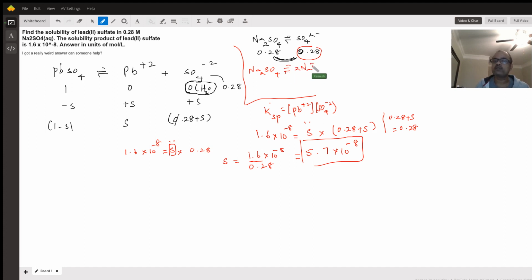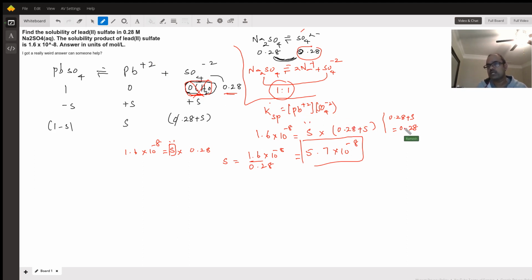Na2SO4 will produce sulfate ion in a 1:1 ratio, so whatever the molarity of sodium sulfate is, that will be the molarity of sulfate ion. If PbSO4 was dissolved in water, the molarity of sulfate ion would have been 0. But since you have sulfate ion produced by sodium sulfate, it will not be 0, it will be 0.28.